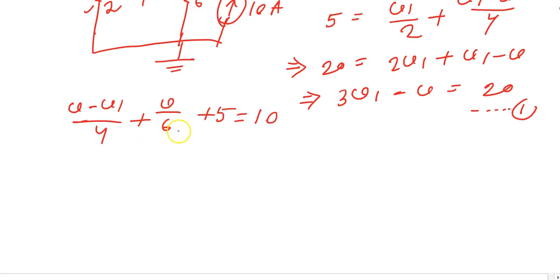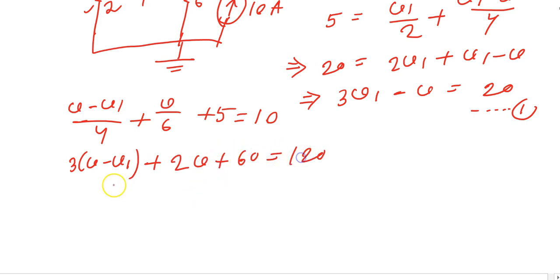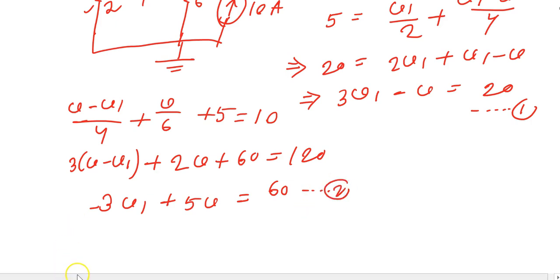So multiply 12 both the side. So 3 into V minus V1, 2 into V, 60, 120. So you will have minus 3V1, 5V equal to 60, equation 2. So you can easily solve, add both the equations together. It will give you 4V is equal to 80.